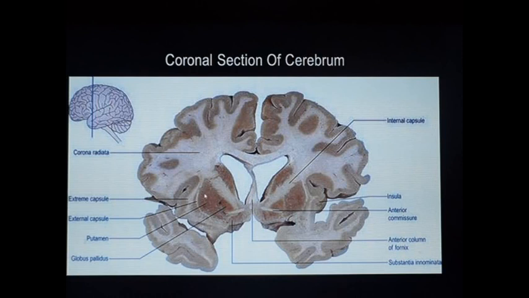In coronal section, this is the lentiform nucleus. The lateral part of it is the putamen, and the medial part of it is the globus pallidus. This is the medial, and this is the lateral part of the lentiform nucleus. And here is the head of the caudate nucleus. In between, we can see the internal capsule, which continues to form the corona radiata cranially.